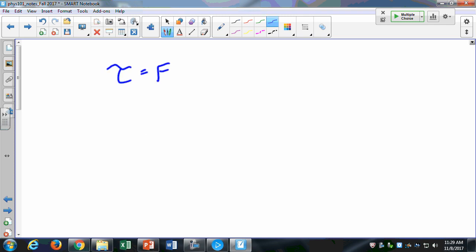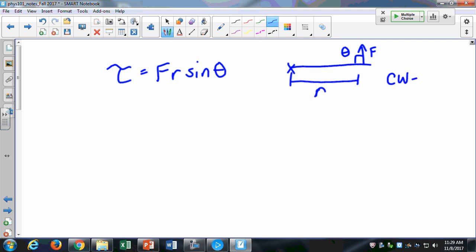Remember, torque is equal to F r sine theta. If I have an object that's spinning about this, my force is here. This is my moment arm. It's not a radius, it's a moment arm. And then this is my angle theta. Often that angle theta is 90 degrees. Remember, clockwise torques are negative, counterclockwise are positive.